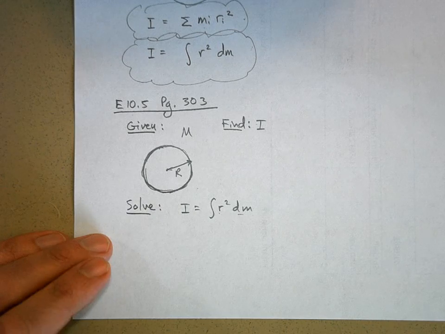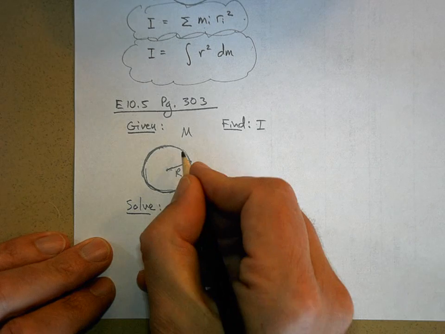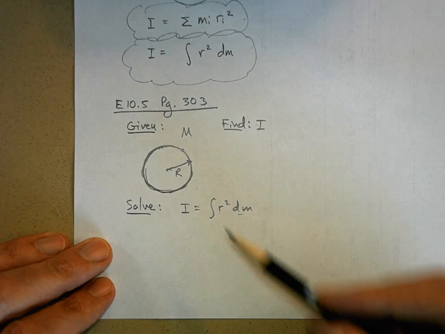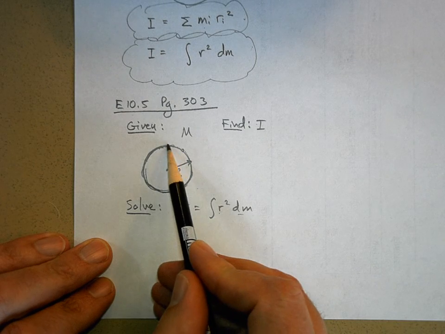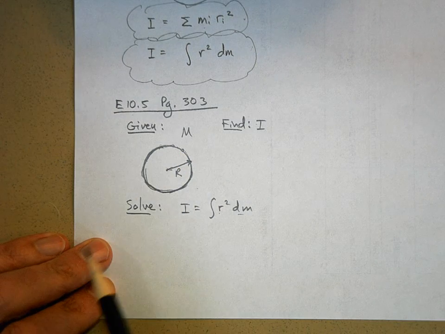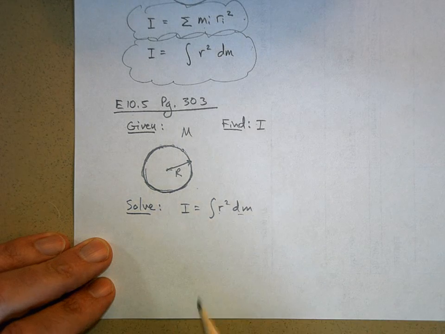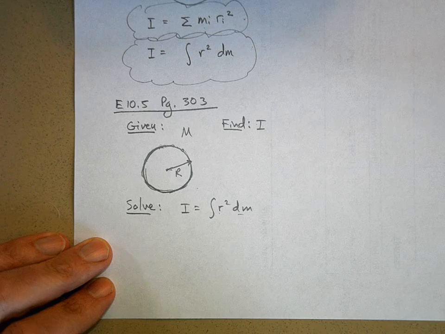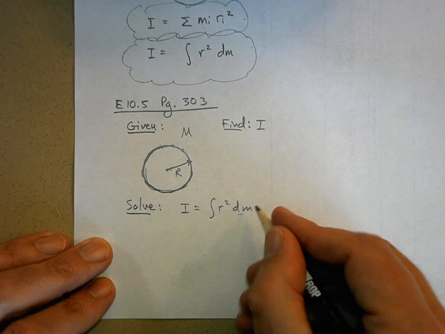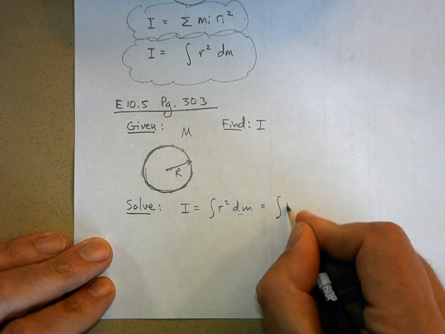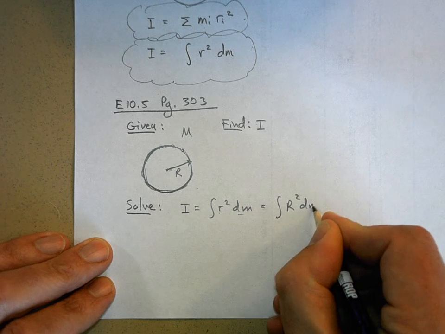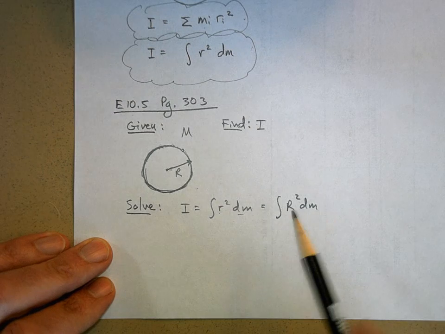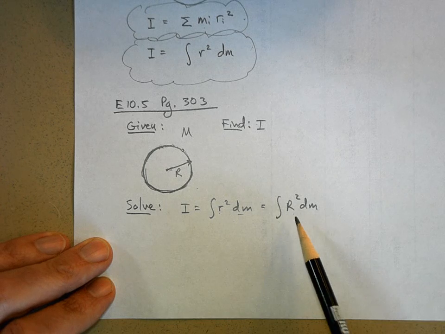Where's my little mass? Oh, there it is. I'll choose that as my dm. Now think about all the other dm's that are going around here. How far away are these little dm's from my axis of rotation? They all have the same r. So in other words, this is going to be equal to the integral of r squared times all the little dm's. And since this is a constant, it comes out of the integral, doesn't it?